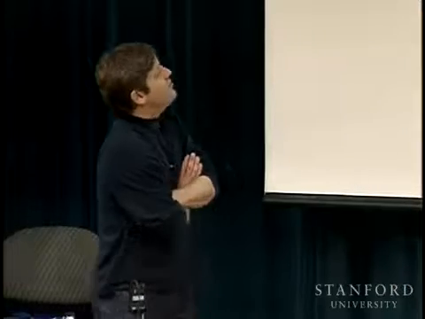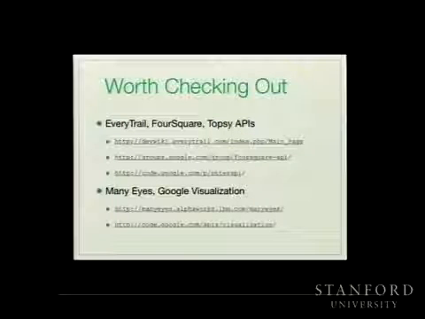Cool. So I just wanted to list a couple of the URLs. The PDF is already up on the website. I think that I'd love to see people experimenting with some of the APIs that are from smaller companies.